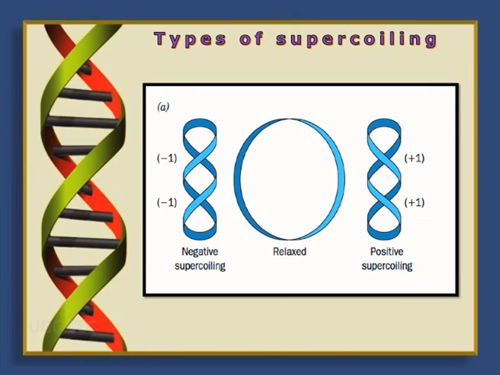Now, let us see what the different types are. As seen in this slide, supercoiling can be done in two ways, positive supercoiling and negative supercoiling. Positive supercoiling takes place when the DNA is wound in the right-handed direction, giving rise to overwinding of DNA.